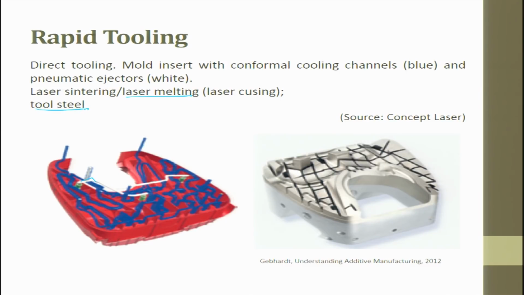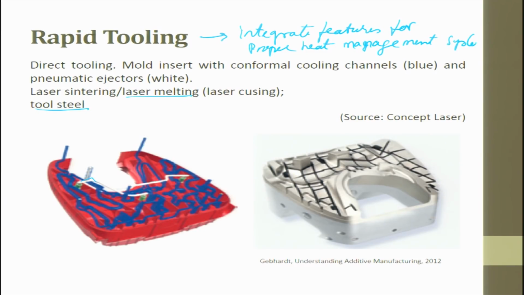Using tool steel as a material, we are able to integrate features for proper heat management systems. So, this can be made into action only because of rapid prototyping and rapid tooling, right.